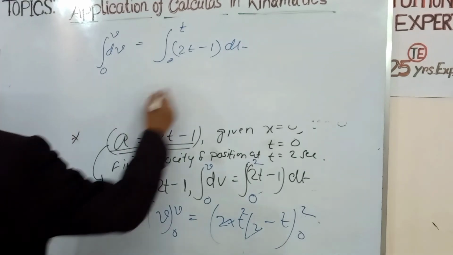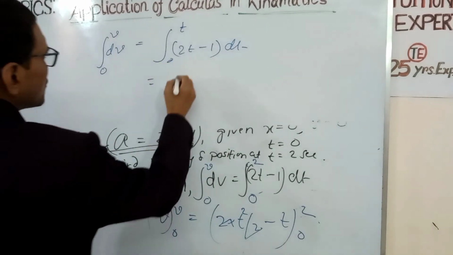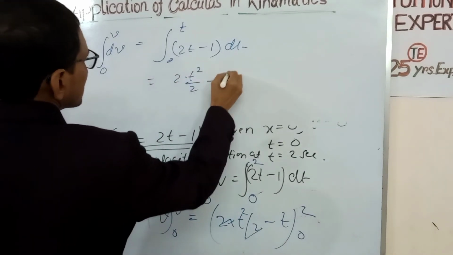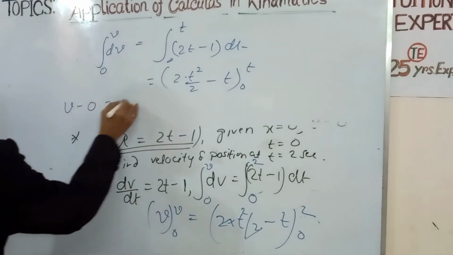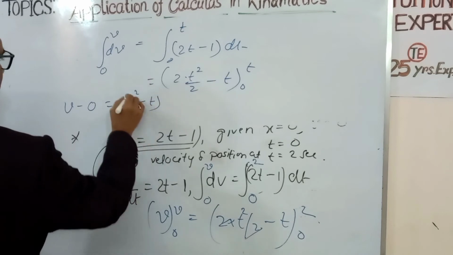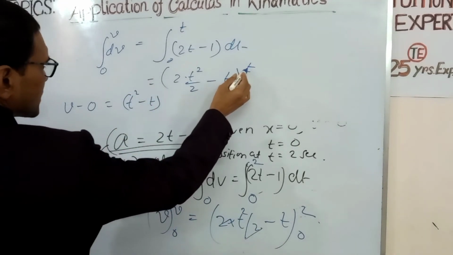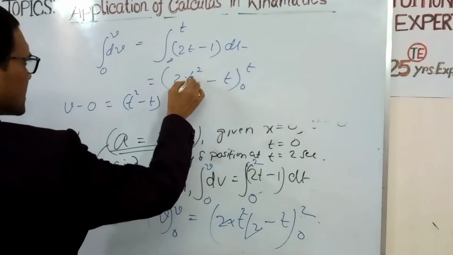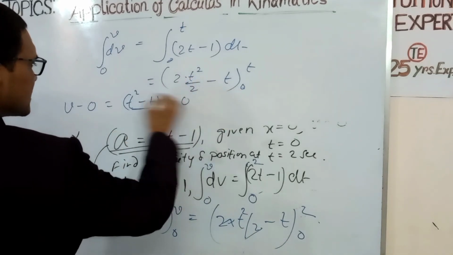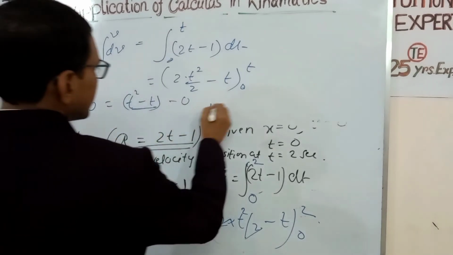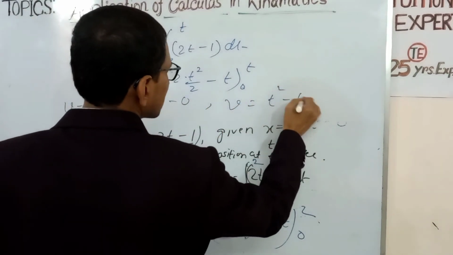So this becomes v minus 0, this becomes t square minus t. If we put the upper limit at t, then we get this minus. If we put 0 here, this is the 0. So velocity in terms of time, we get this.